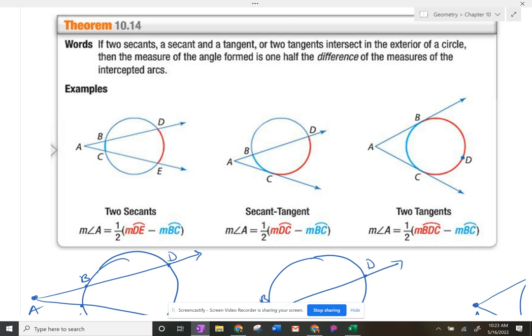So it doesn't matter if they both cut straight through the circle. Big angle minus little angle divided by 2 is going to give you angle A. If one's a tangent and one's a secant, still, big angle minus little angle equals that one. And then if they're both tangents, big angle minus little angle divided by 2.